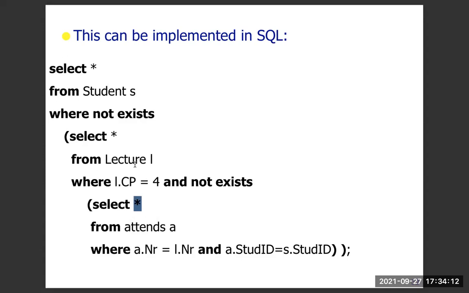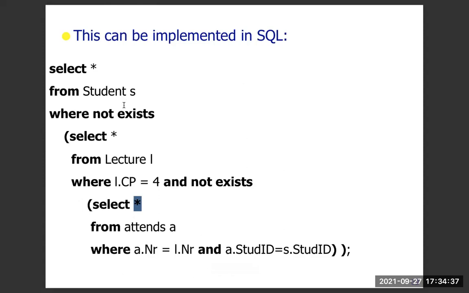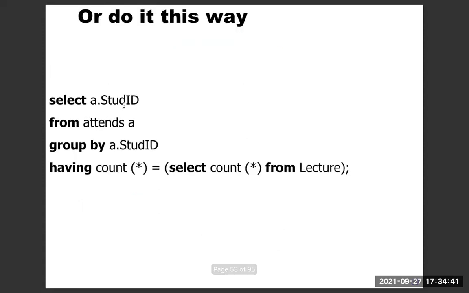If all the lectures are attended by the student, then here I have an empty set, exists is false, not exists is true, and the student goes to the result. So probably that's not a correct implementation for the query I have in mind.